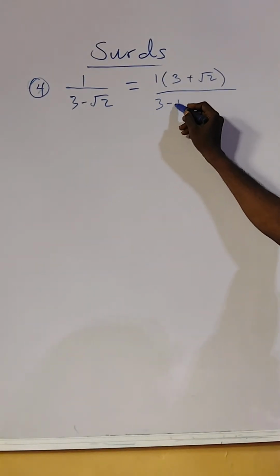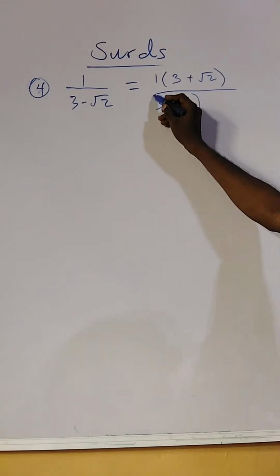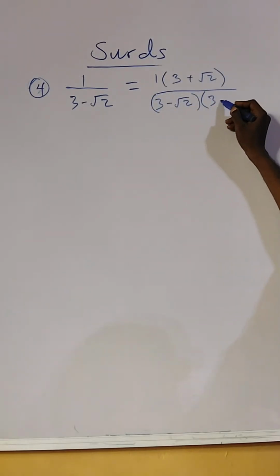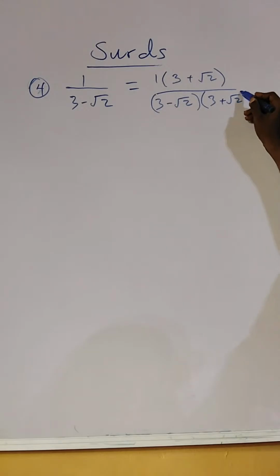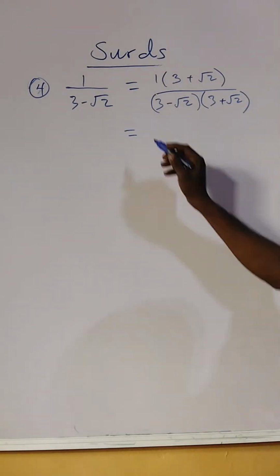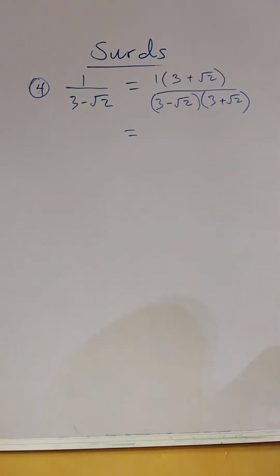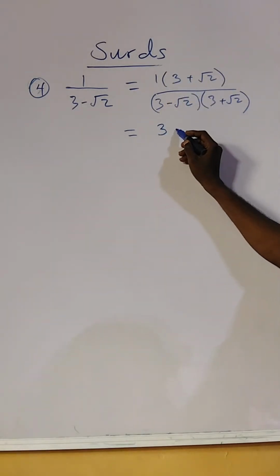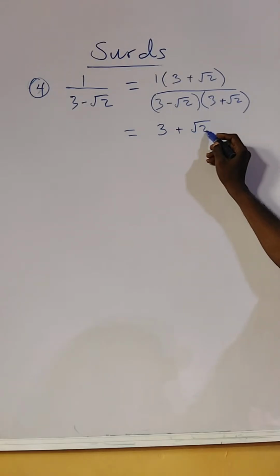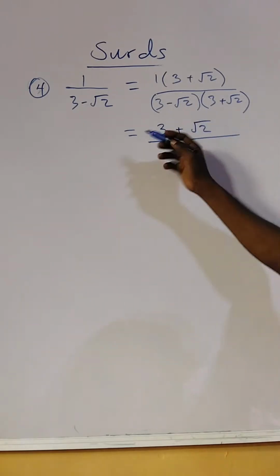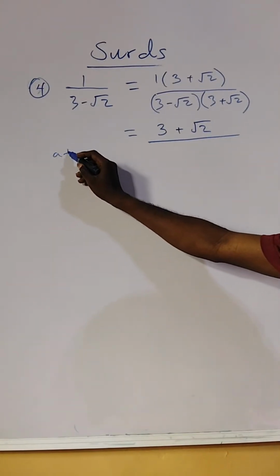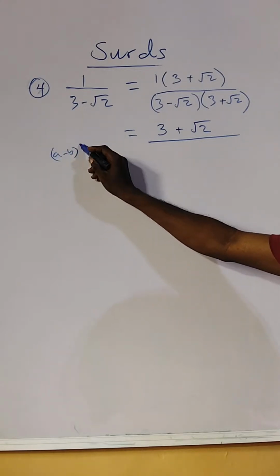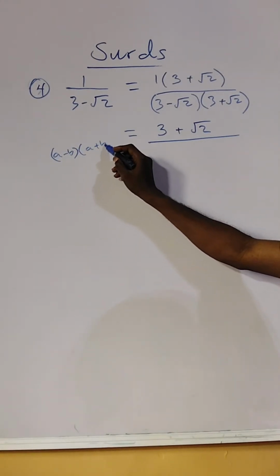We have 3 minus root 2 times 3 plus root 2. That is, we also open this bracket. When we multiply 1 by this, it's still the same thing, 3 plus root 2, divided by this same thing, where we have a minus b into brackets a plus b.